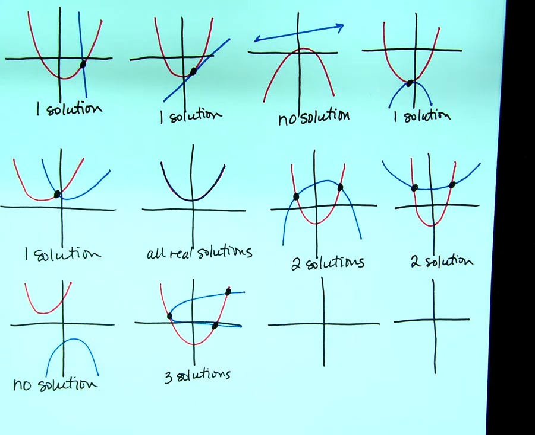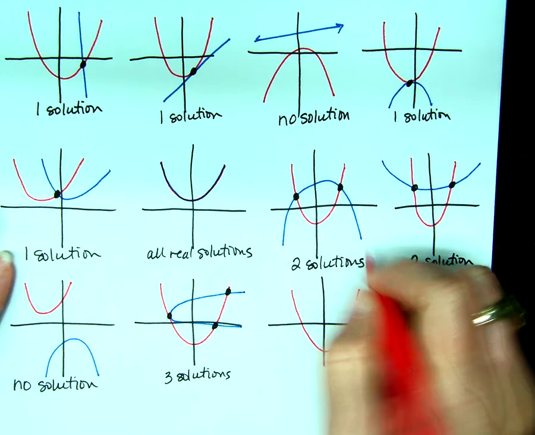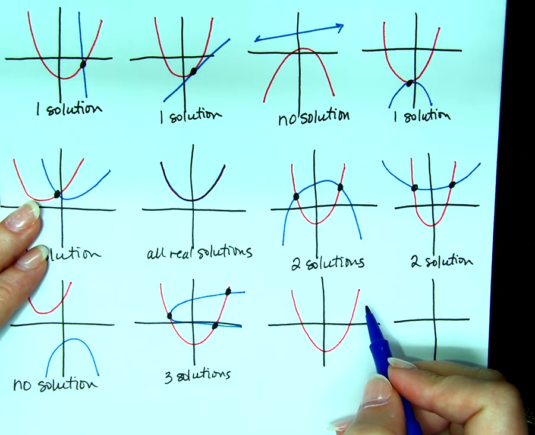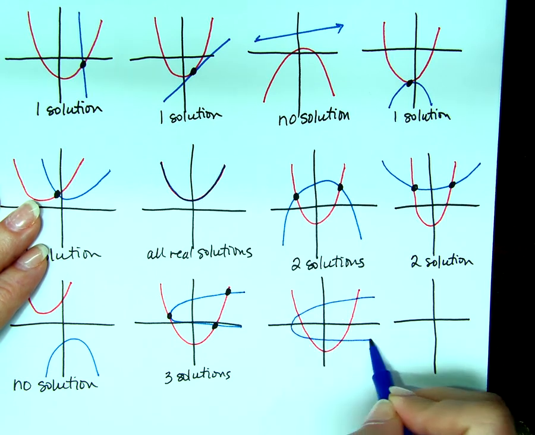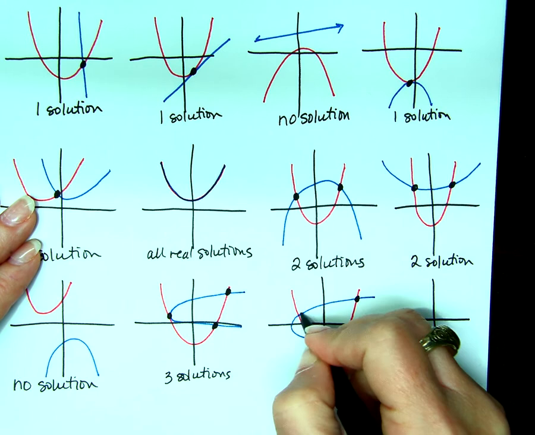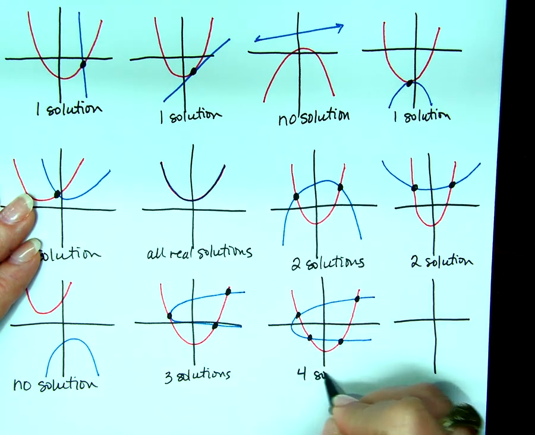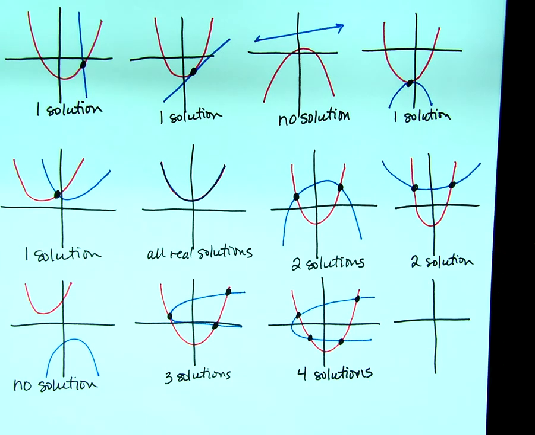So could there be 4? Four? 1, 2, 3, 4. Could there be 5?